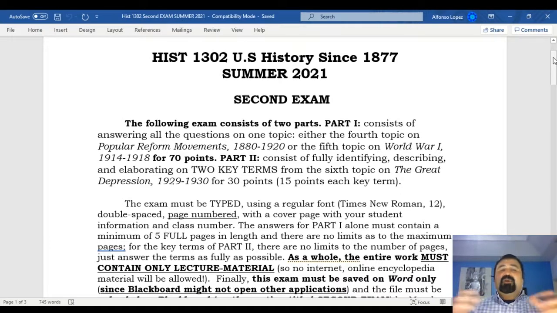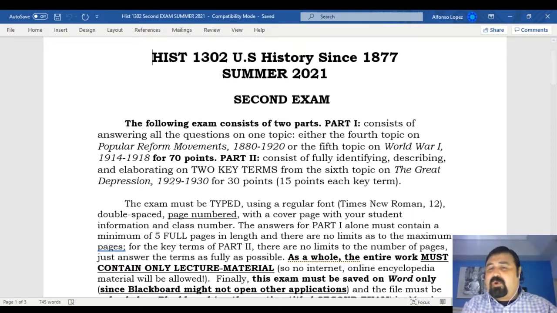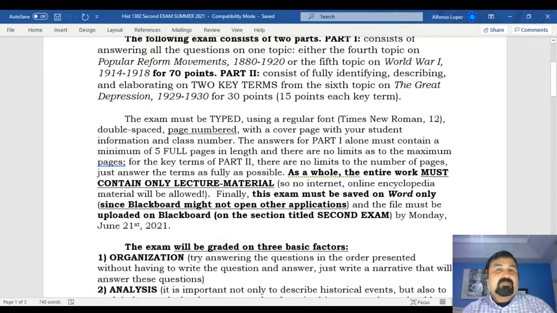Of course, you type it on your computer using Word, and regular font, Times New Roman, number 12, double space. You page number every page of the work with a cover page with all your information, and avoid at all costs using outside sources.